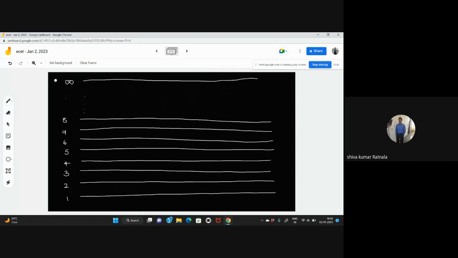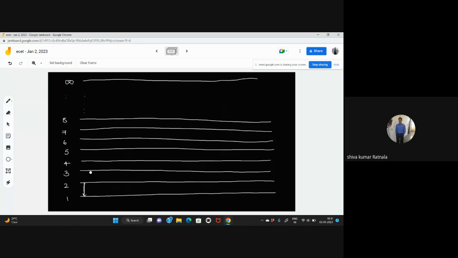Now let me take, if the electron is excited to an infinite level and it jumps down. If by absorbing some amount of energy the electron can go to the second, third, or fourth level, and it jumps from second to first level, this is one spectral line.